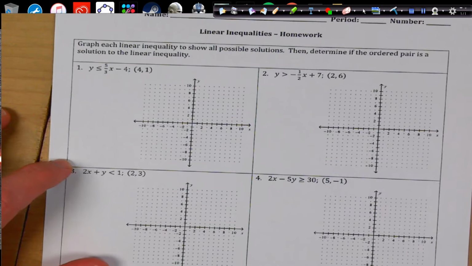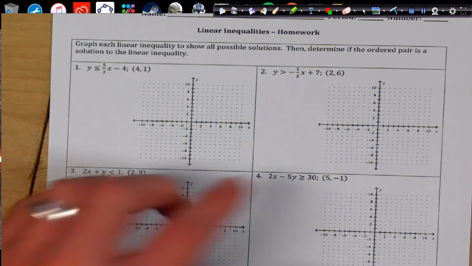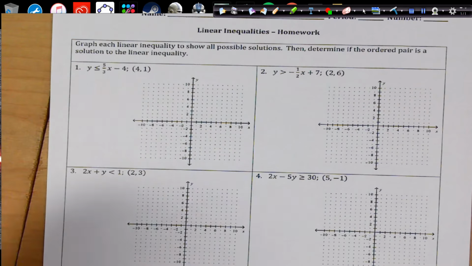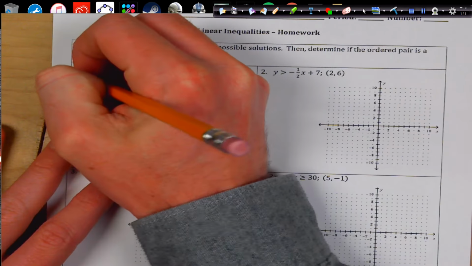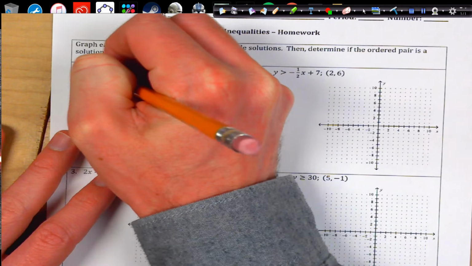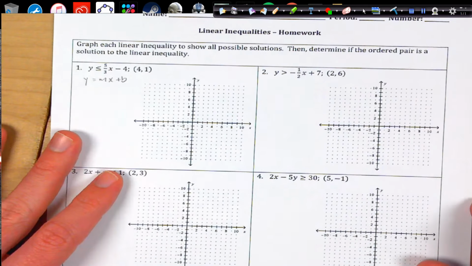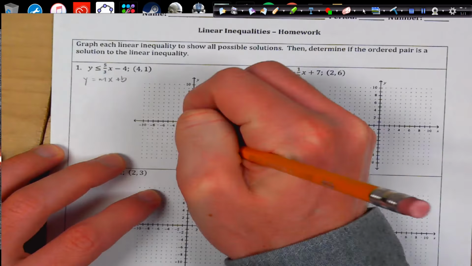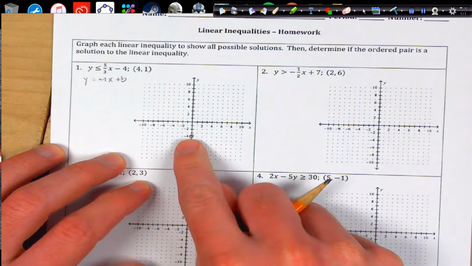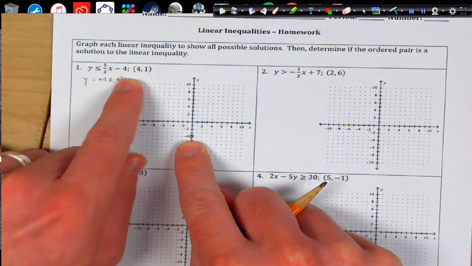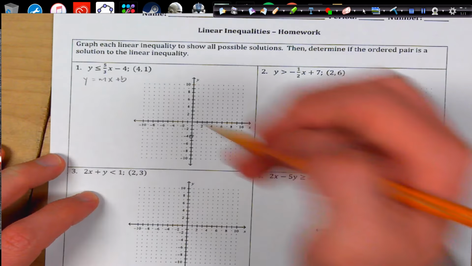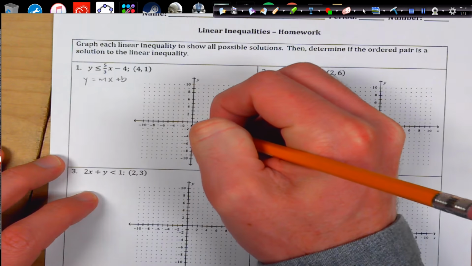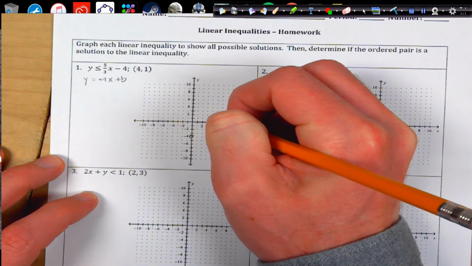Okay. So the first two right here are already in our y equals mx plus b form. Now obviously they're not equals, but we can use the b, which is our y-intercept, to give us our starting location. -4 is from the b, and then we're going to use our slope of 5 over 3, so we go up 1, 2, 3, 4, 5 over 1, 2, 3.